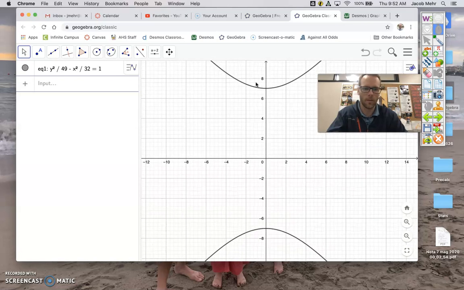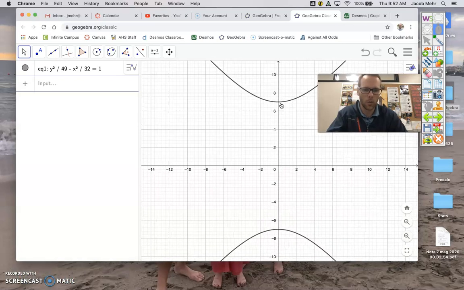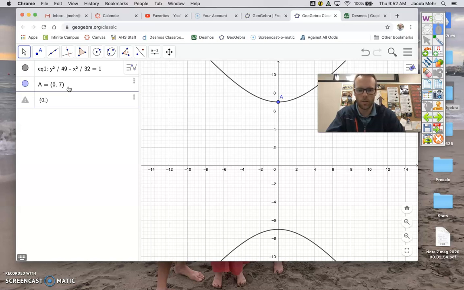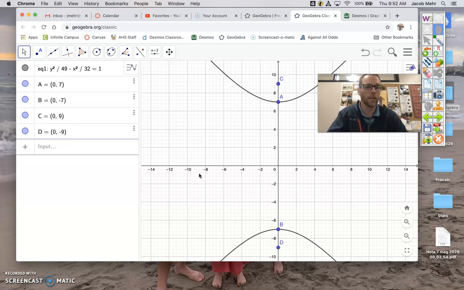So we see that vertical transverse axis. We see the vertices at 0, 7 and at 0, negative 7. We said that we had the focus at 0, 9. And 0, negative 9, like that.